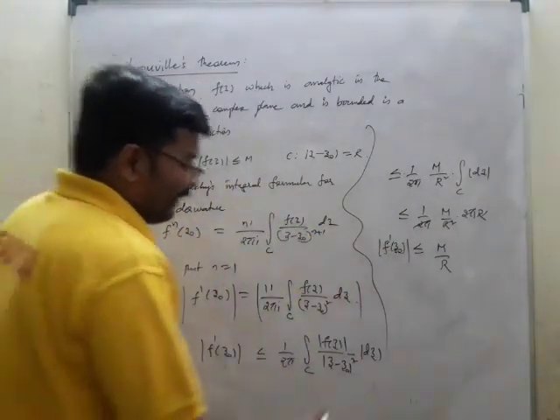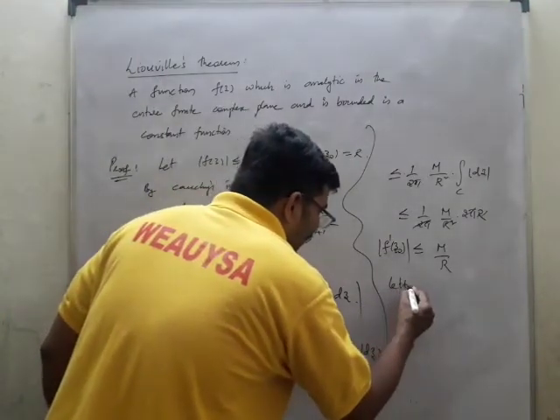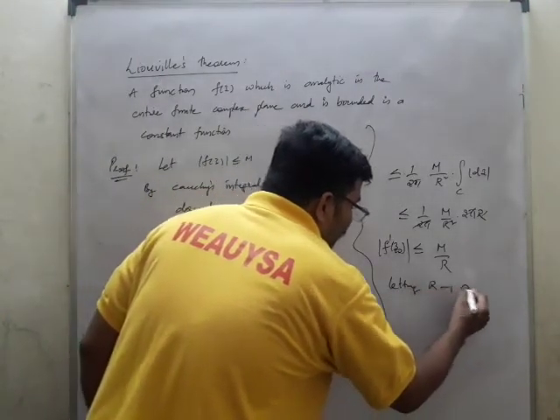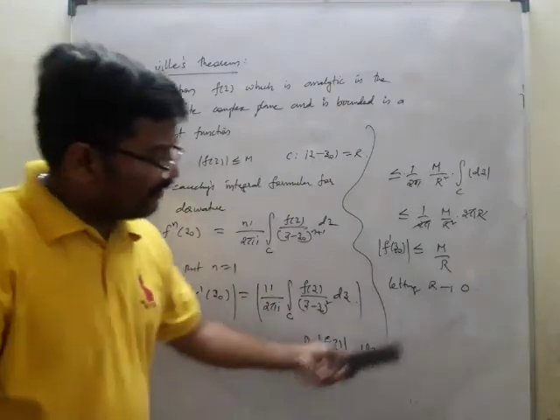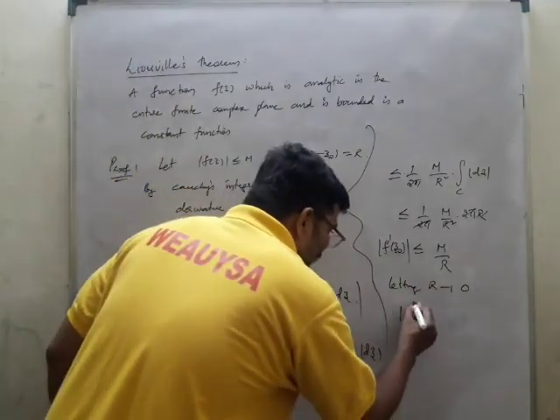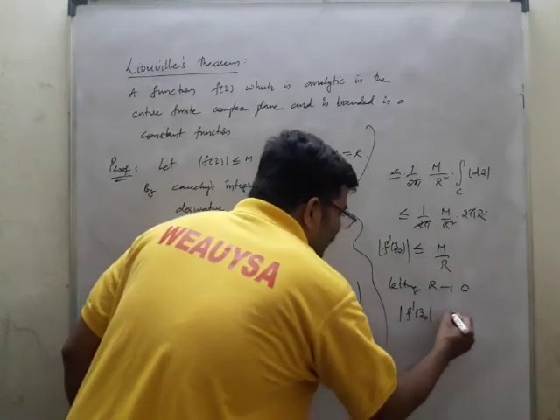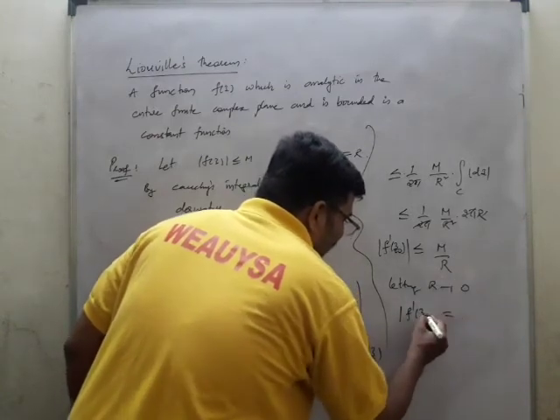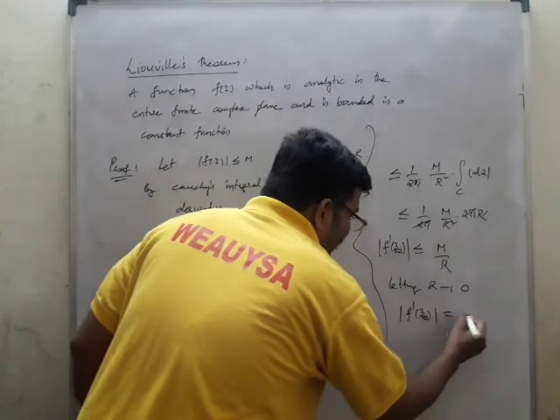Okay, so letting r tend to 0, if you take the limit r tends to 0 on both sides, you will get |f′(z₀)| equal to 0.